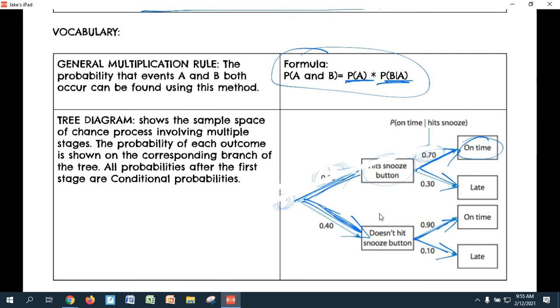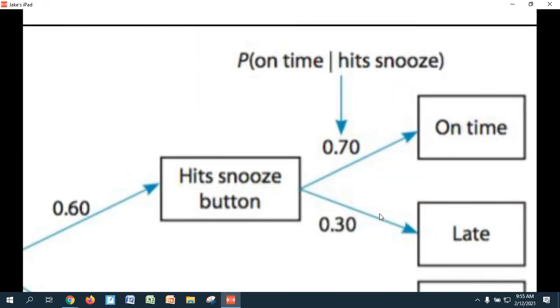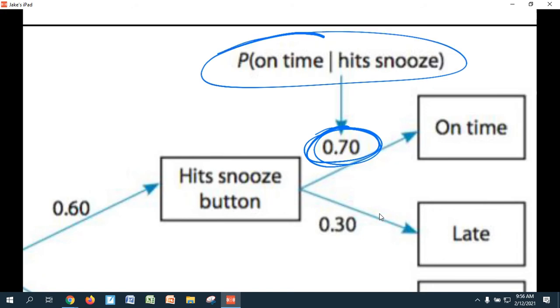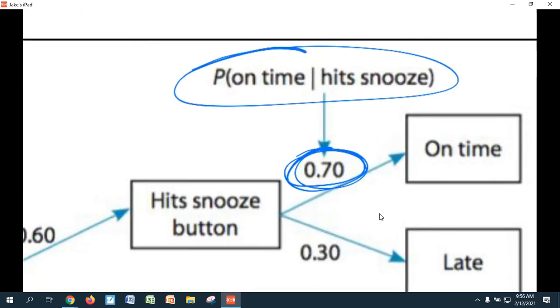So that's what the general multiplication rule is. And if you notice, it points out right here, that's the probability that you are on time given that you hit the snooze button. That's conditional probability, what I just circled there. That's what we did last lesson. Remember, what comes after that line is the given: given that you hit the snooze button, what's the probability that you are on time?